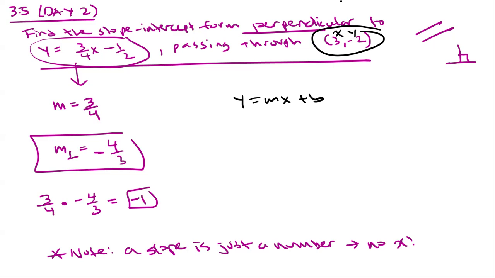Okay? So we just plug it in. So y is -2, and we know it's perpendicular, so we have to use a perpendicular slope, which is -4/3. Okay, and then x we know is 3, and then plus b. Well, I can rewrite 3 as 3 over 1, and then these guys will just cancel.